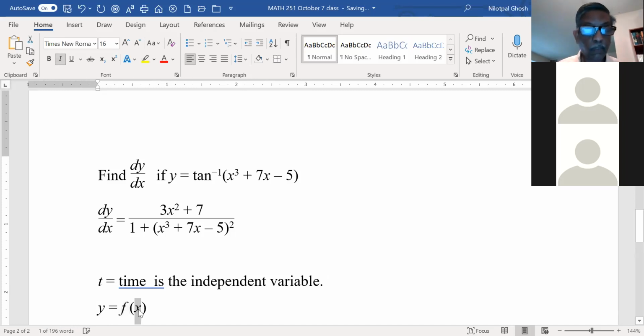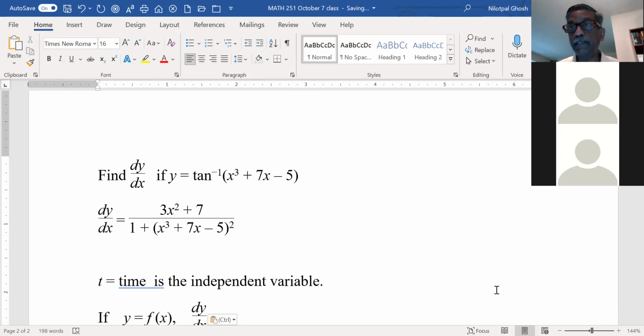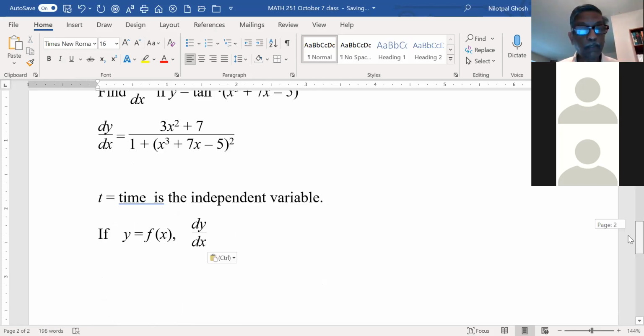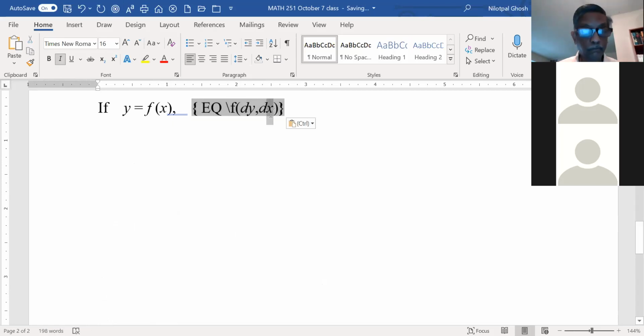If y equals f of x, then using our chain rule, taking the derivative with respect to time, dy dt would equal f prime of x multiplied by dx dt.